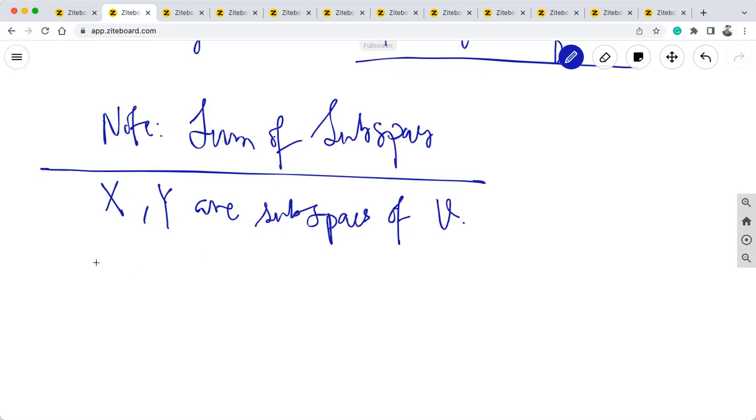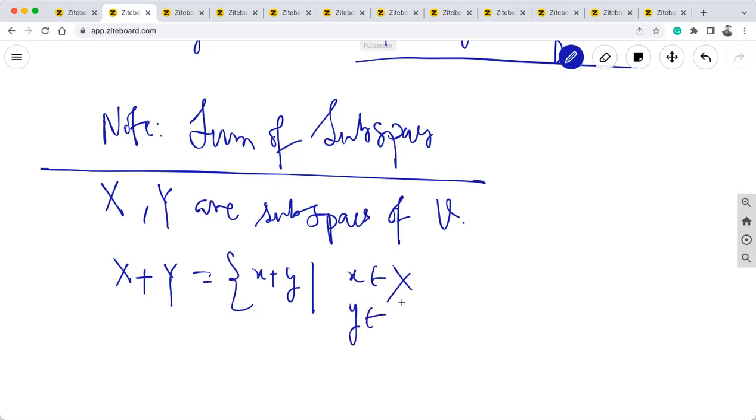Then the addition X plus Y, the result will be little x plus little y, element-wise addition, such that little x belongs to the set capital X and little y belongs to the set capital Y. Then this result should belong to the vector space V. This is one part.